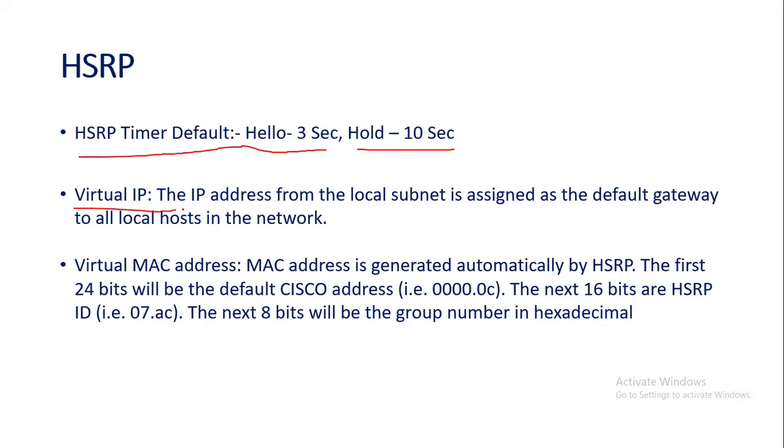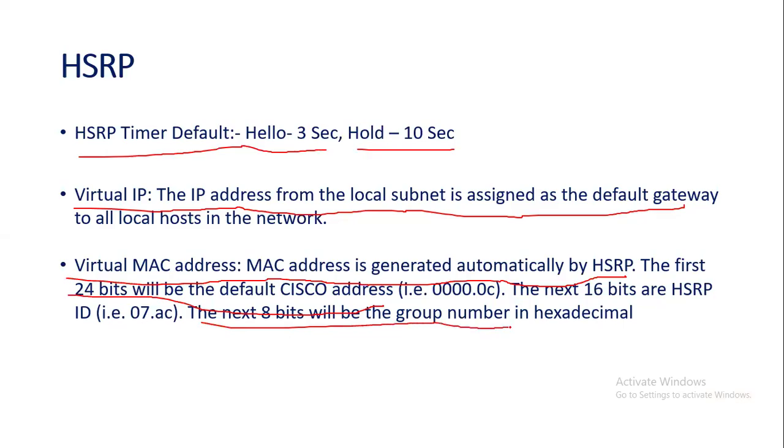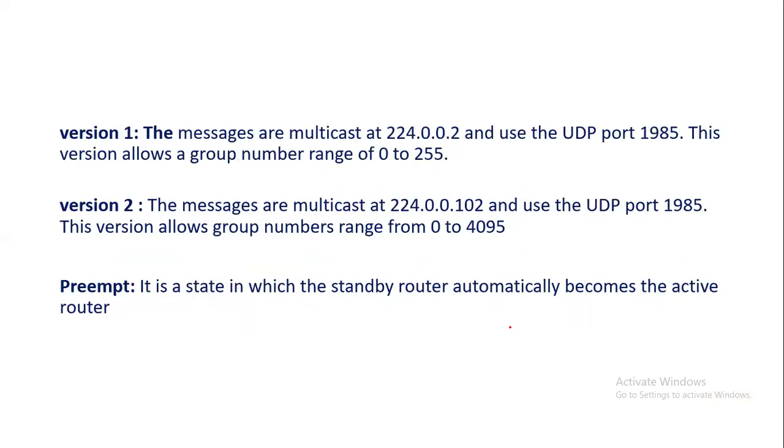And the next is the virtual IP. We need to define why we need the virtual IP and default gateway, which I will explain later. Then the virtual MAC address: the first 24 bits are assigned automatically by Cisco, and the last part, the group number we have, is defined in hexadecimal. So that is the virtual MAC address. As I mentioned, there is one difference: in version 1 we can use group numbers only from 0 to 255.